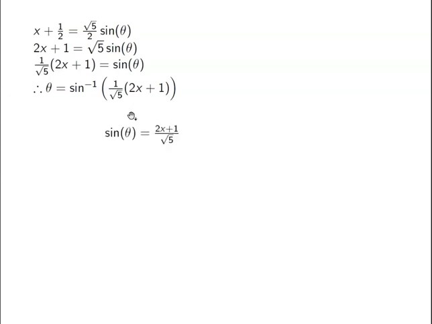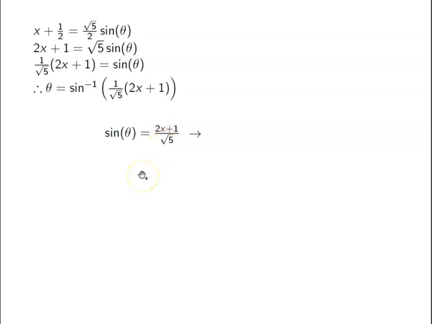What we want to do, right, is we want to use this identity that we came up with, sine theta equals 2x plus 1 over root 5. We want to get this into simplest form. It already is in simplest form, right? This is the numerator. I just like writing those things on the side, as you can tell, right? This is the denominator. There's nothing else on the bottom. But we know sine from SOHCAHTOA is the opposite of our theta angle over the hypotenuse, right?